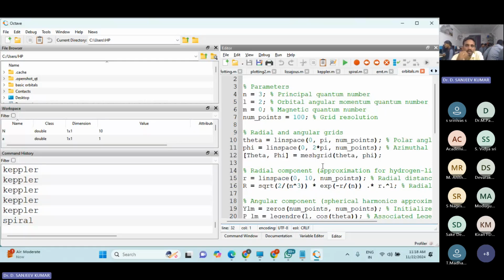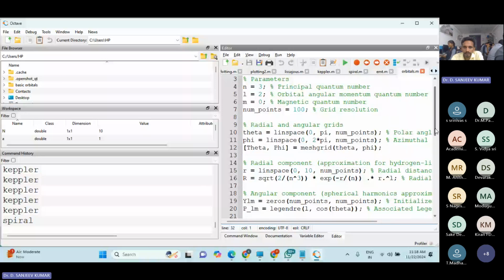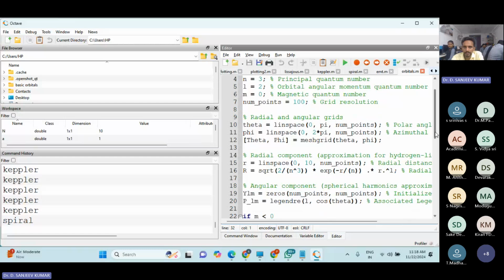And now R value, the radial function is being generated, square root of 2 by n cube e power minus r by n, r power L. And we have to generate spherical coordinates.